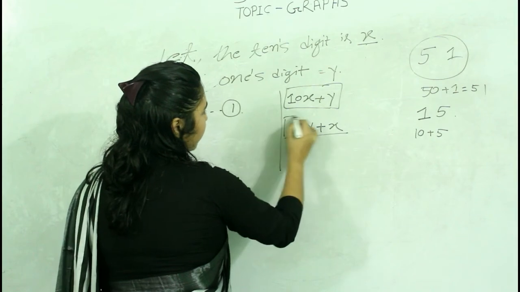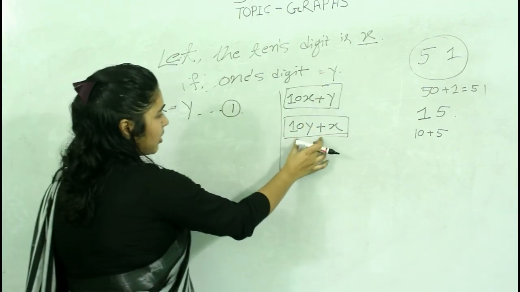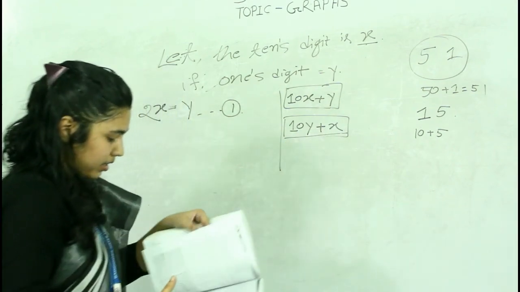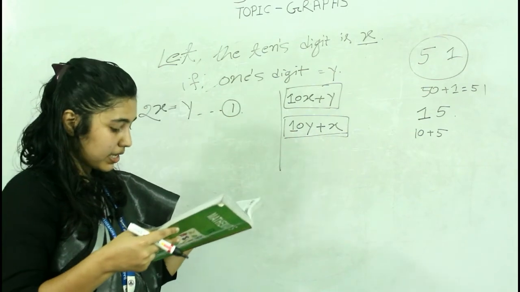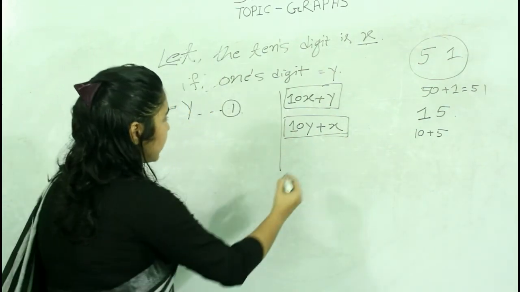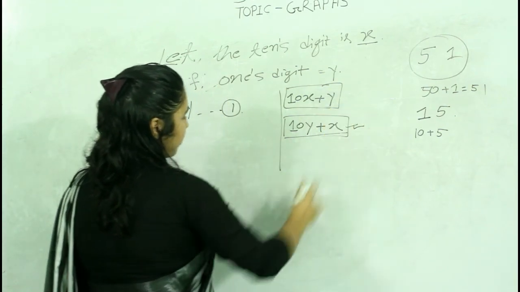So, after reversing, we will get the number 10y plus x. Now, the number obtained by reversing the digits is 18 more than the original number. That means this number is 18 more than this number.